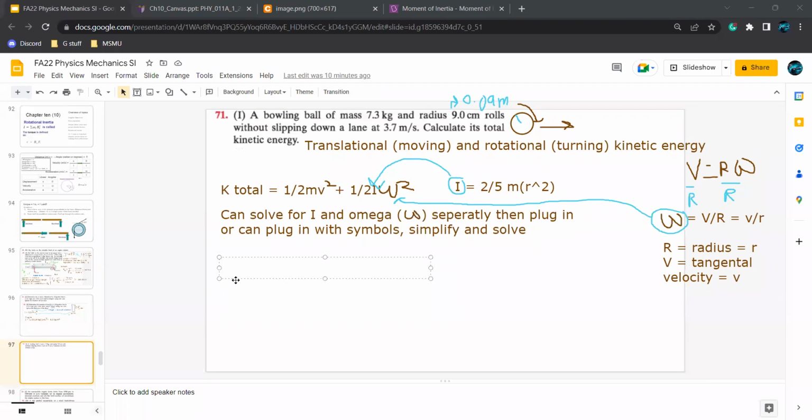So then that gets you K equals 1 over 2 m v squared plus, I'm going to write this out because it's going to be a bit.